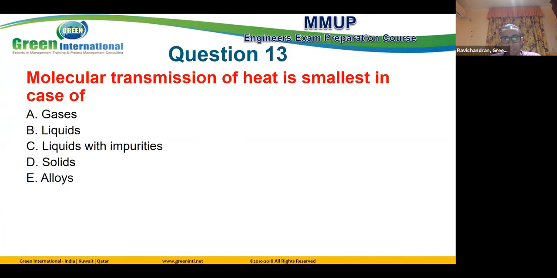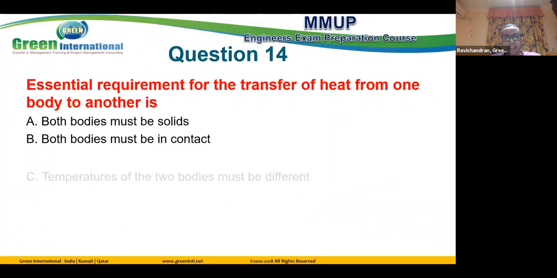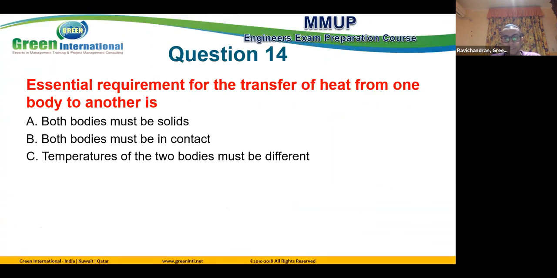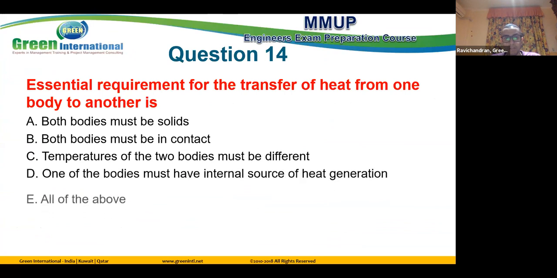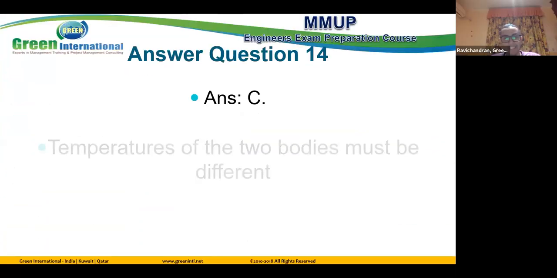Molecular transmission of heat is smallest in the case of gases. Yes, excellent. The essential requirement for transfer of heat from one body to another is temperature difference. Clear, easy.